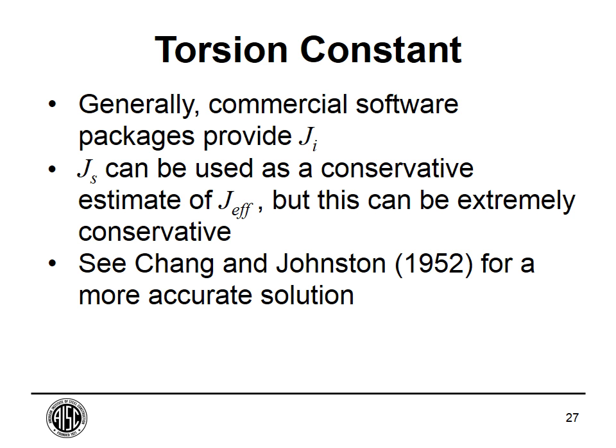We don't really have time to go over it, but this reference, the Chang and Johnson, is over half a century old now. What they did is testing on, I believe, riveted plate girders, and between the rivets they wanted a way to calculate J effective for these riveted plate girders that were built up out of plates and angles, the way they did it back in the 50s.